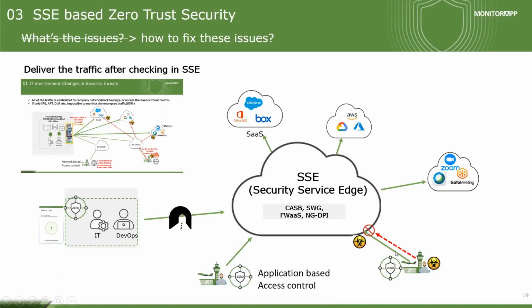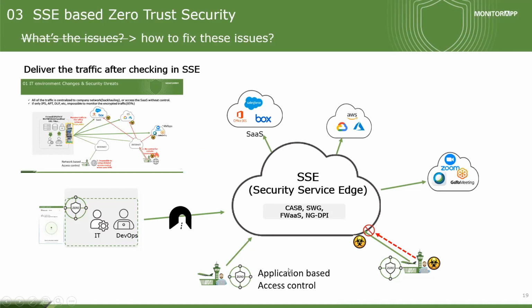And even if the device has been compromised, and it tries to access the C&C server in order to get control, the SSE platform already knows the C&C information, so the attempt will be blocked by the SSE platform as well.